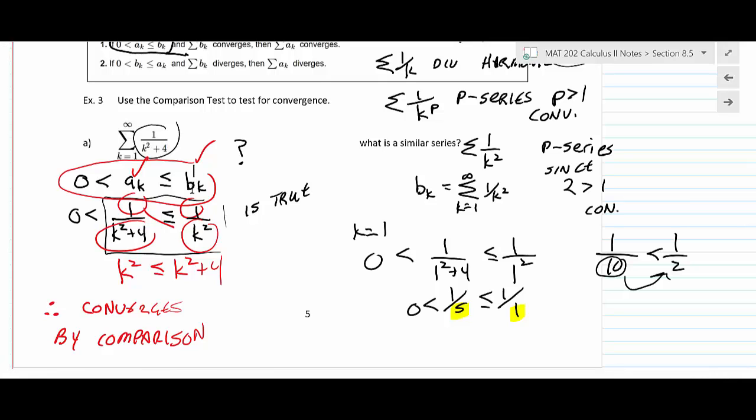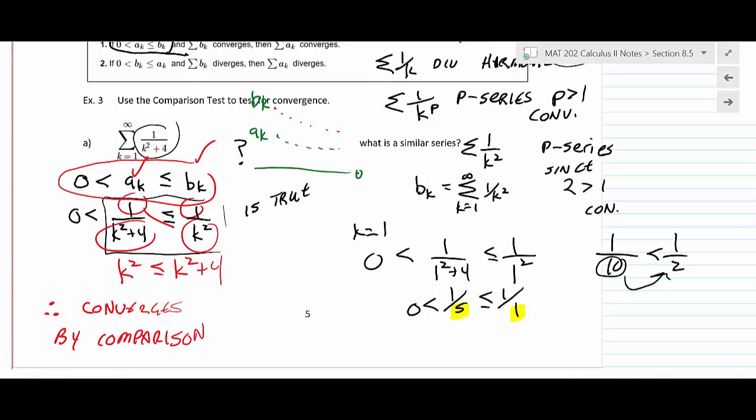The idea is kind of like this. If you had a series of partial sums, and these dots are representing the sum converging to some value. Well, if that's b sub k, and a sub k is always less than it, and it's always bigger than 0, it's kind of almost like a squeezing theorem in a way.